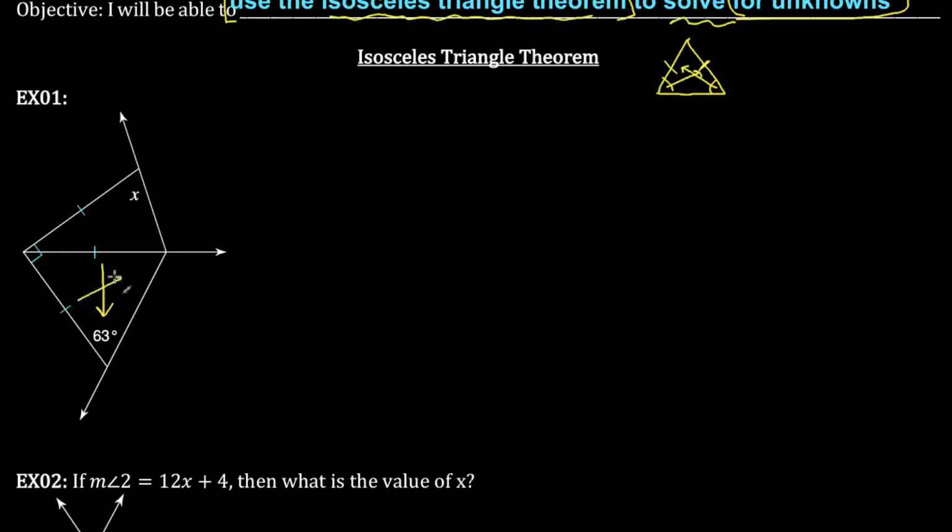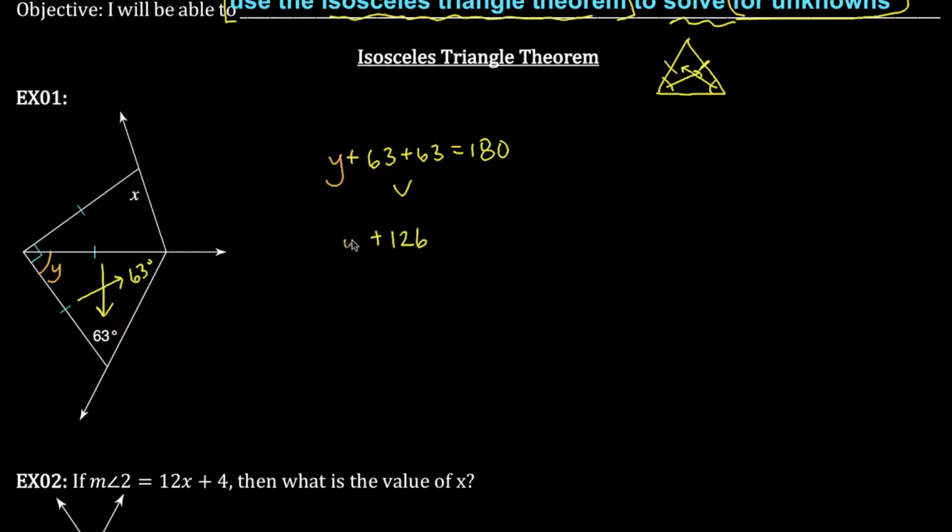Let's draw that a little better. 63 degrees and 63 degrees, and this unknown here I'll call angle y. So angle y plus 63 plus 63 will give me 180 degrees. 63 plus 63 is 126.